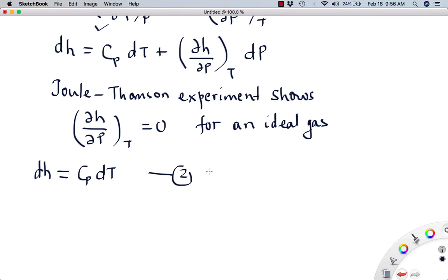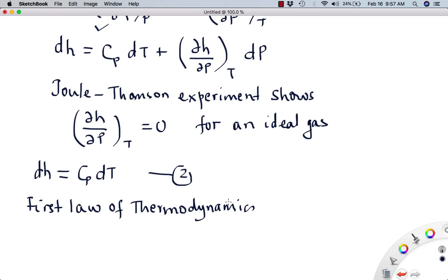Now we have first law of thermodynamics, which is the heat you supply to a system is used to increase or decrease the internal energy. If you are removing the heat, then the internal energy will be decreased.